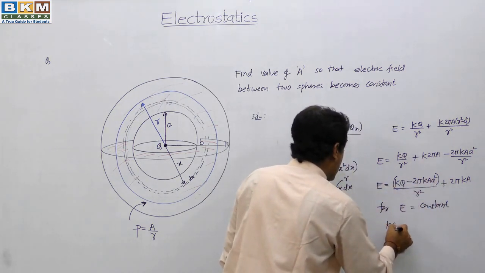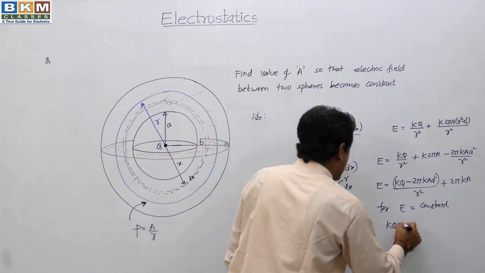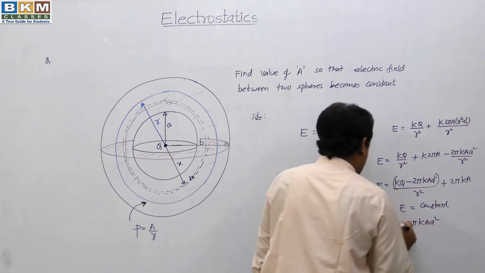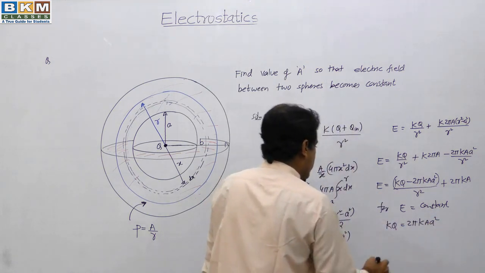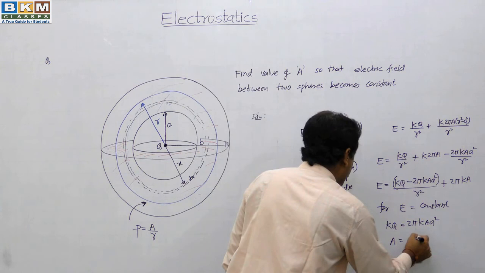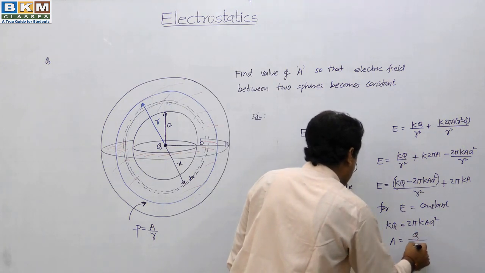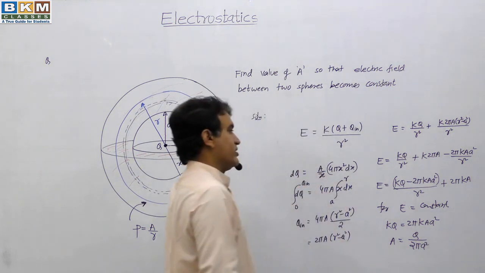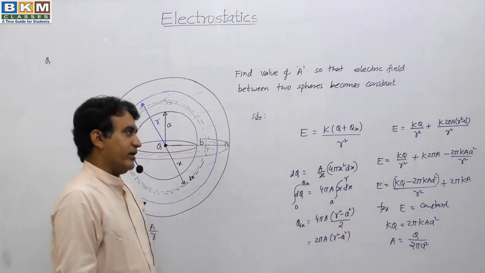So kQ should be equal to 2 pi k A a square. k gets cancelled, so the value of A becomes Q upon 2 pi a square. So this is the required value of A.